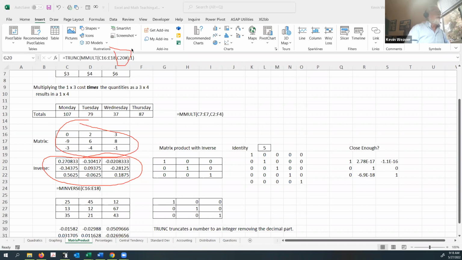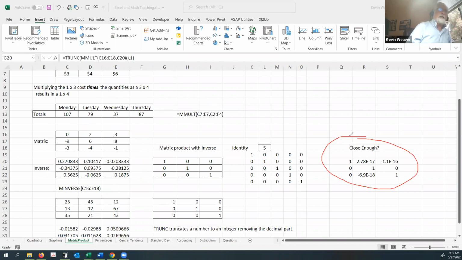Now, if you look at that calculation, it's really ugly. And you can see just how ugly it is because it's right here. So the question is, 2.78 times 10 to the negative 17th, is that close enough to zero for your work? Well, it is. It's really a zero.